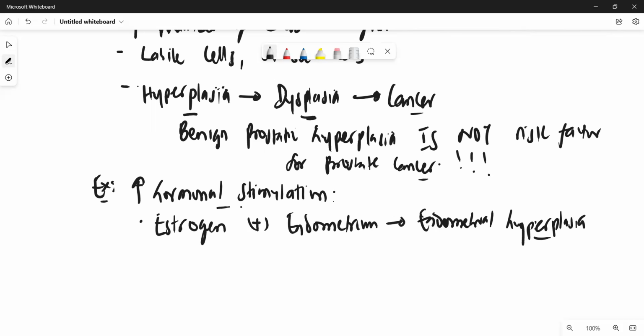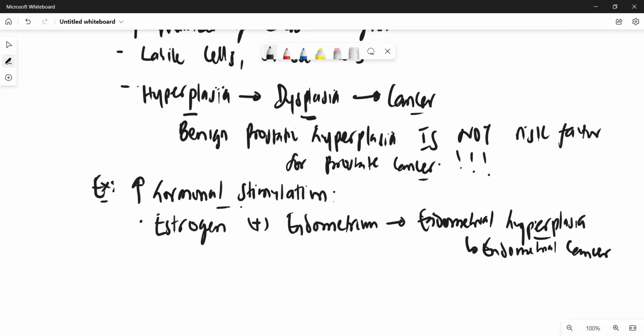And like we mentioned earlier, endometrial hyperplasia can lead to endometrial cancer, right? And that's why patients who have PCOS, polycystic ovarian syndrome, we treat them, because we don't want them to develop endometrial cancer. A classic history for endometrial cancer for the exam: you always want to look for postmenopausal vaginal bleeding.